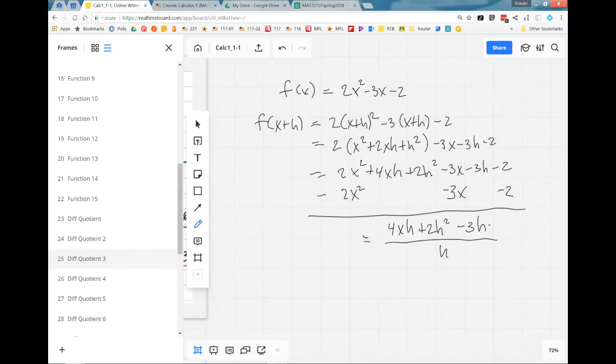So we can, again, factor an h out of the top, 4x plus 2h minus 3, all over h. And there's our difference quotient, 4x plus 2h minus 3. All right.